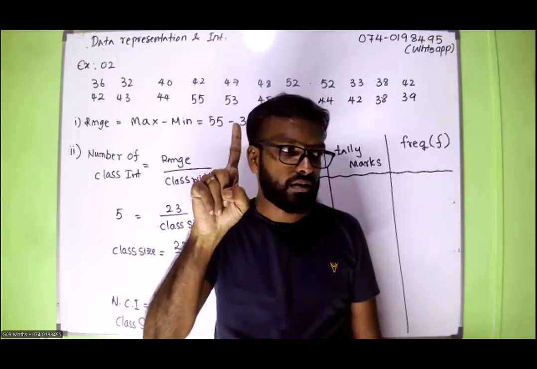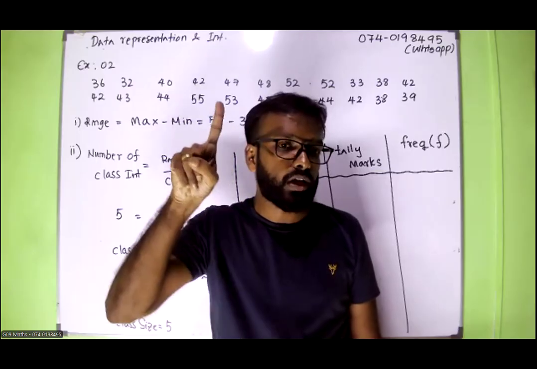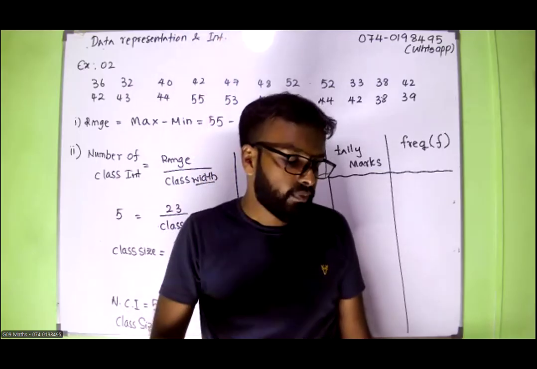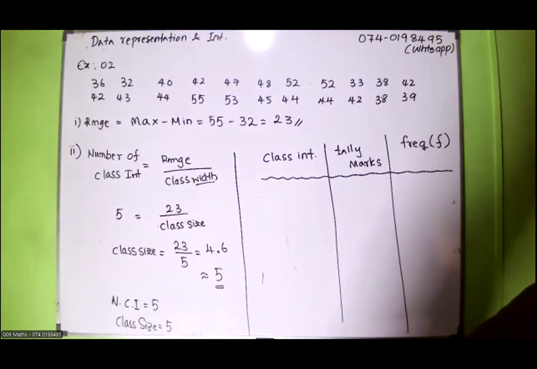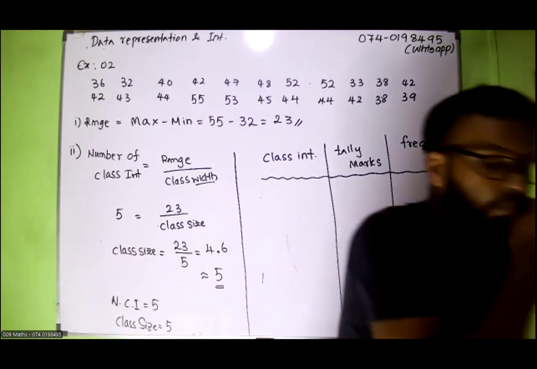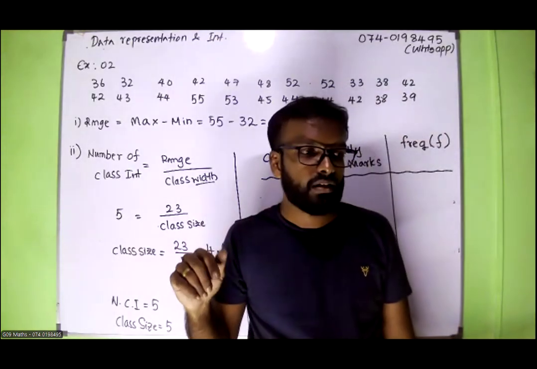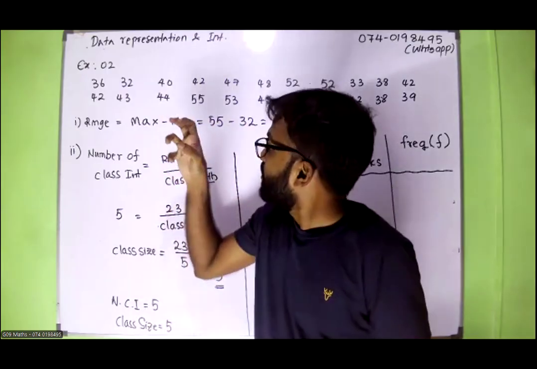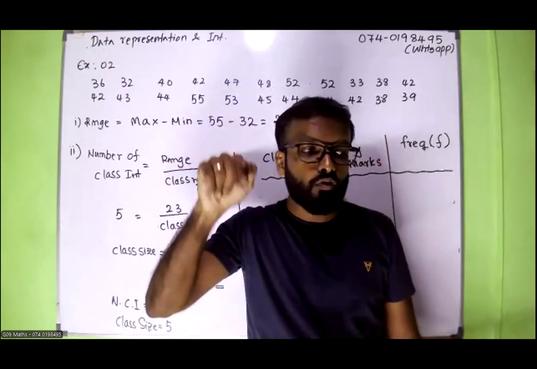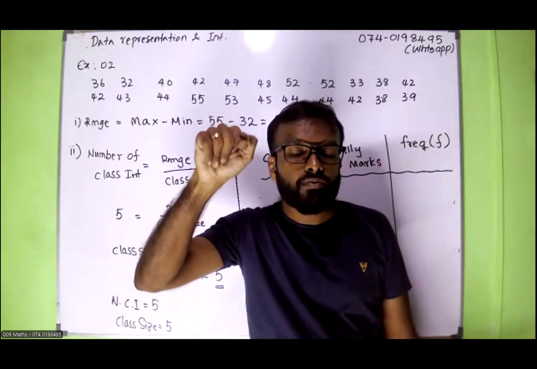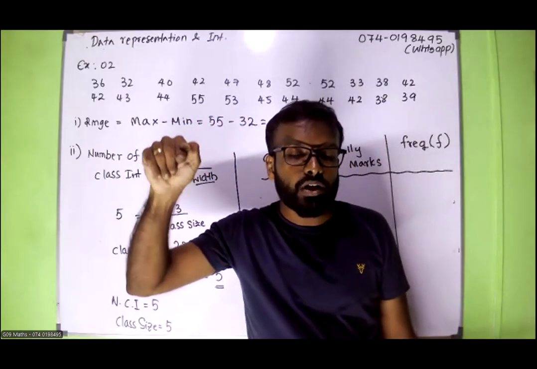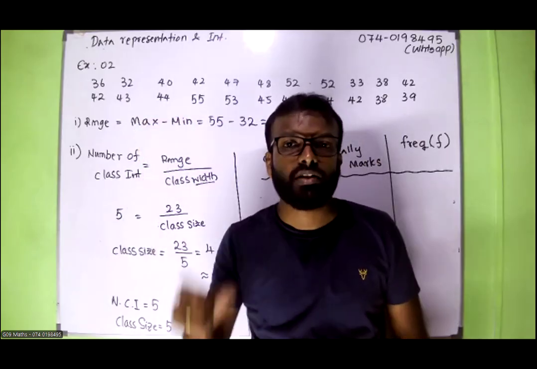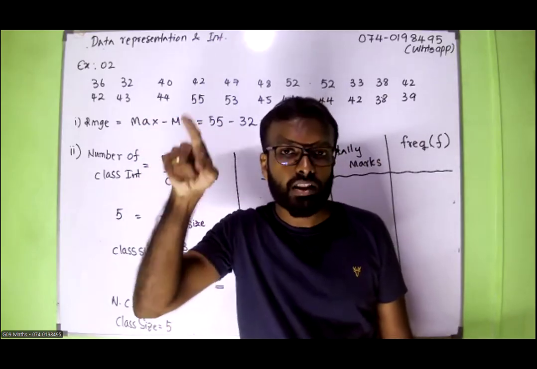That is the first important point I told you guys earlier. If the minimum value is 32, how are you going to define the starting point of the first class interval? 32 minus 1, 31.